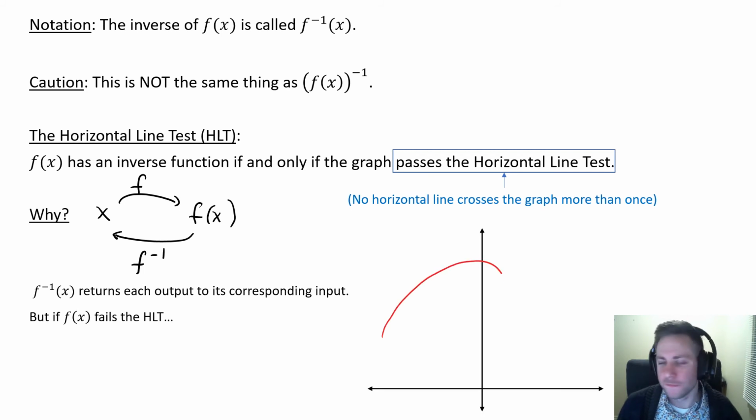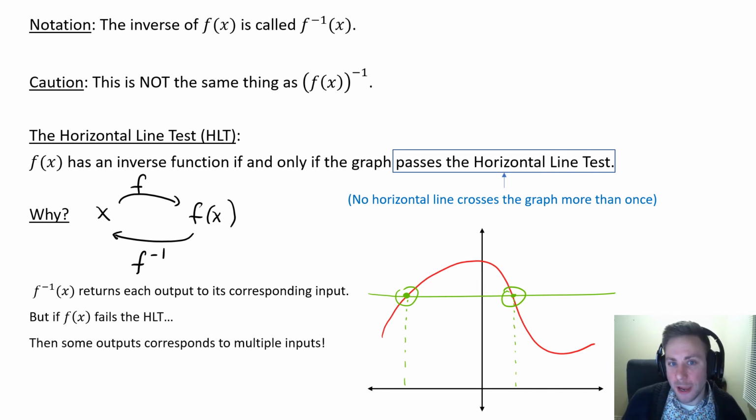So take this curve, for example. Because the horizontal line test fails, we can see a y value that corresponds with multiple x values. Or in other words, there are some outputs that correspond to multiple inputs. So the inverse function wouldn't know which input to return, or in other words, which x value to return. And that's why we can't have an inverse function unless the horizontal line test passes.